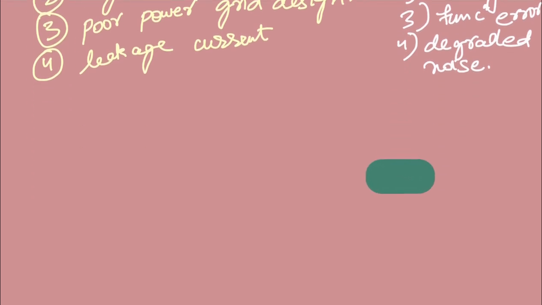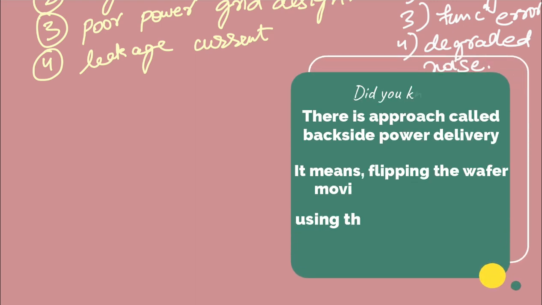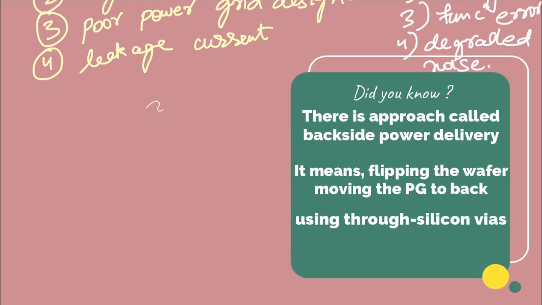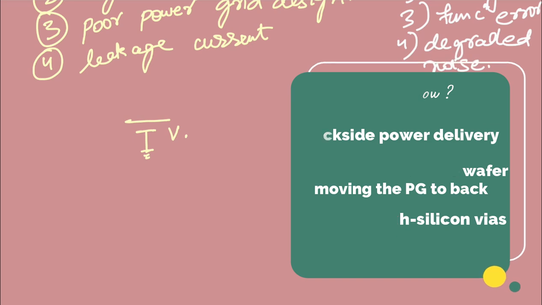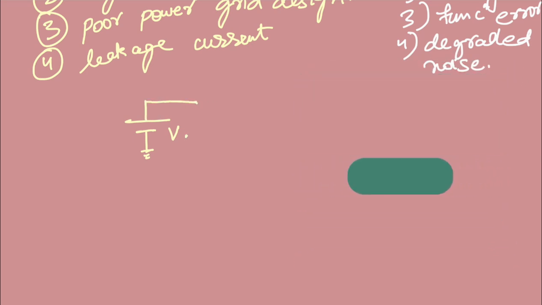Let us take a mathematical example to understand what we are trying to tell you here. Let's say you have a resistance in your power path. Let's draw one power path like this. Let's say you have a battery with some voltage here, and after that you have a power grid with some metal drawn until you reach your standard cell.